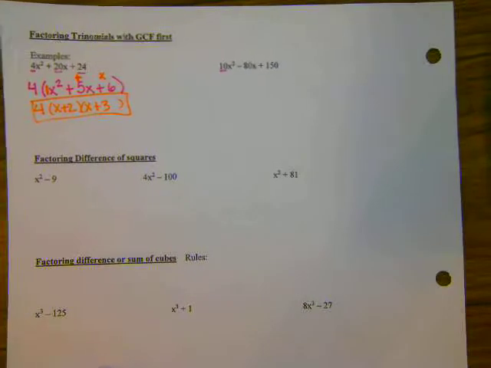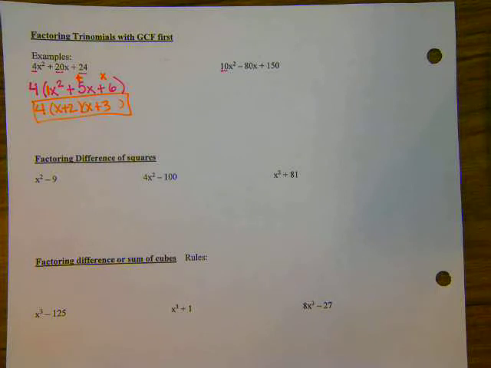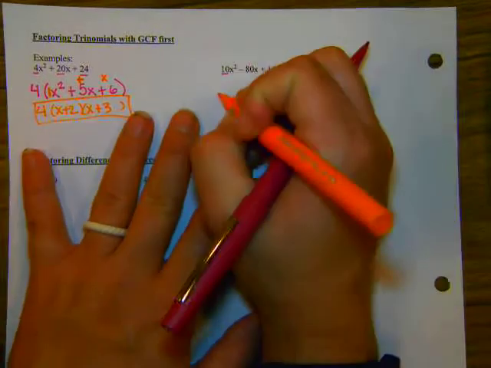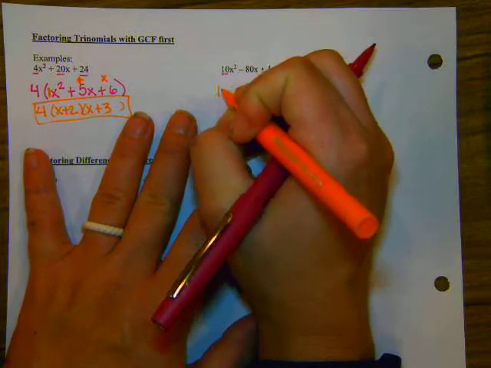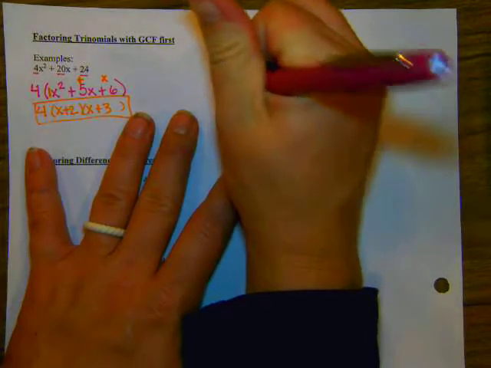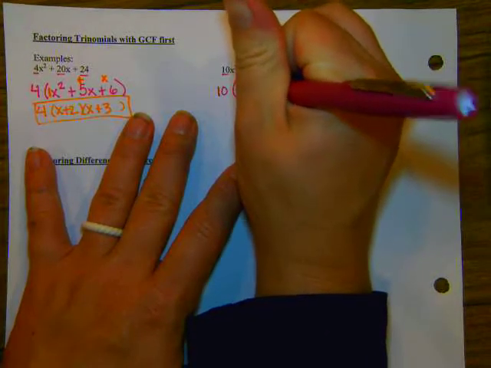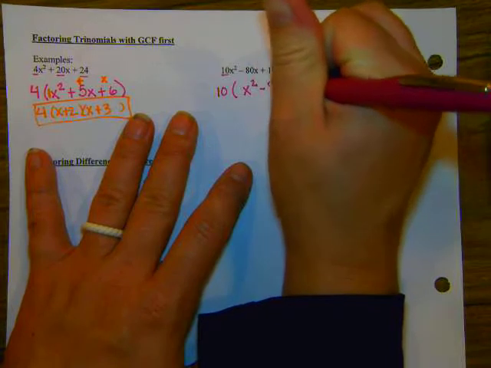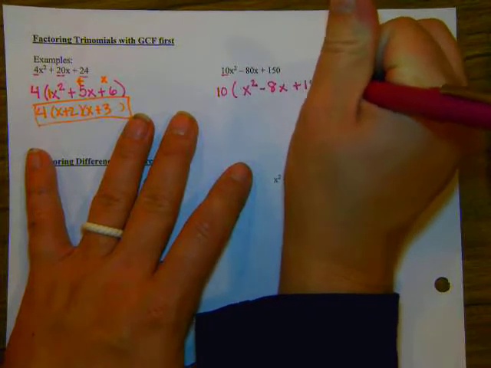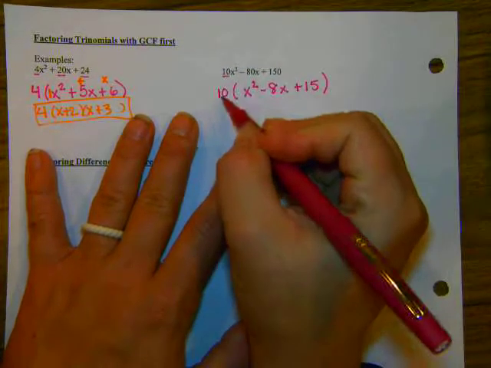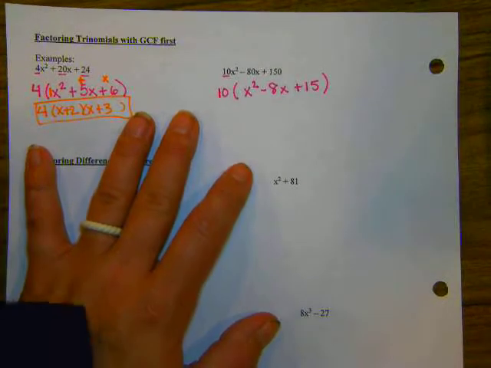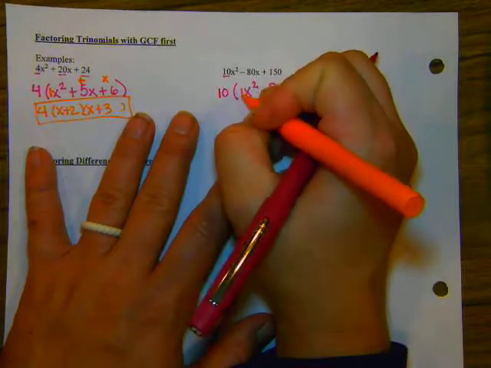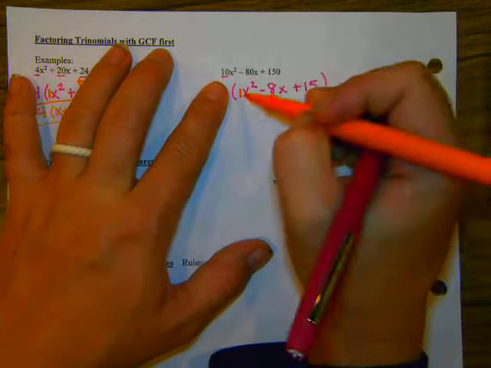Same concept with the second one here. Divide by the 10. Everything here is divisible by 10, so we're going to take 10 out. Leaves me with x squared minus 8x plus 15. See, when you take out your GCF, you're dividing everything by that number. Once you get that, you can see our trinomial now in the parentheses, the A is now 1.